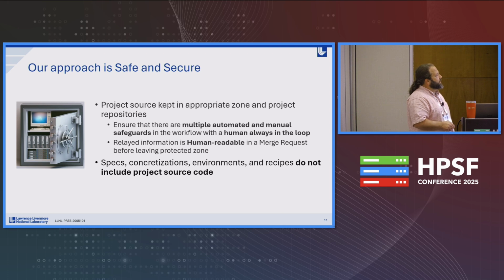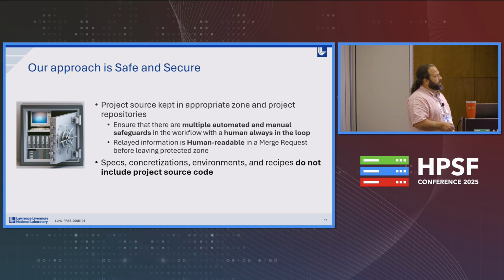So what we are doing is making sure that the project source is kept in appropriate zones and inside of their project repositories. Just because you're on the RZ doesn't mean you get access to all the projects that are on the RZ. We are ensuring there are multiple automated and manual safeguards to make sure that those never leave, and that eventually there's also a human in the loop. We're going to automate as much as we can, but there always will be a person clicking the button.